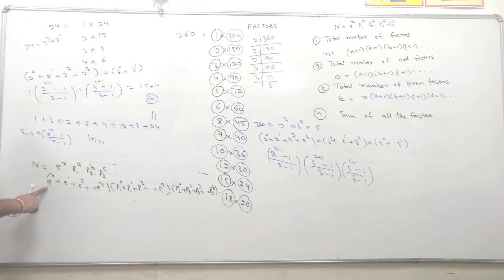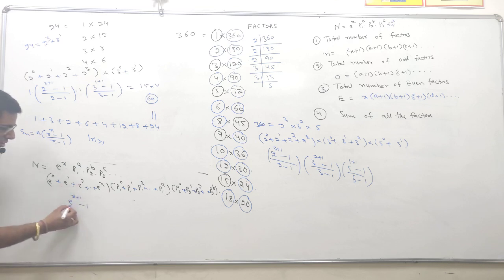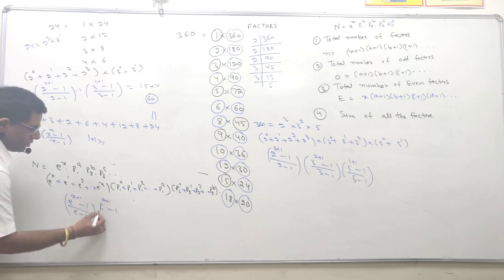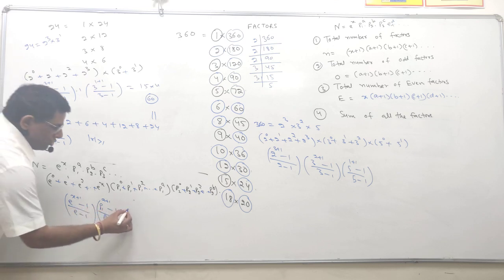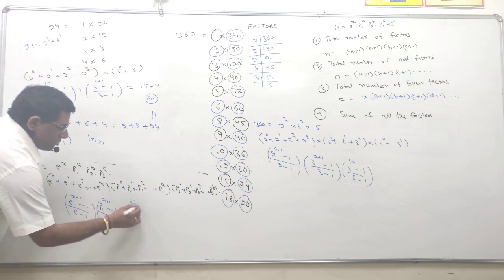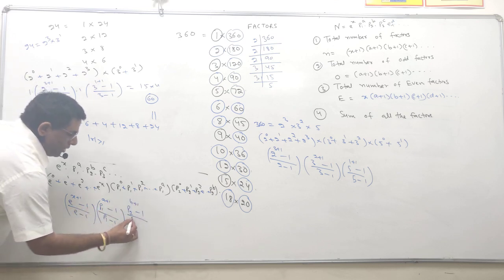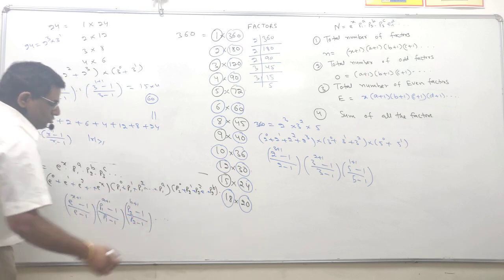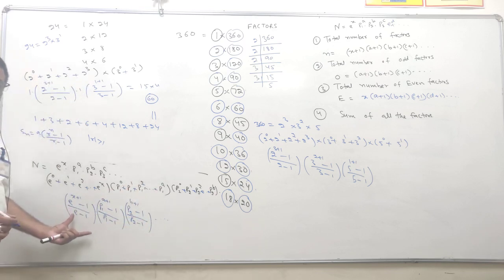First term is 1, common ratio is e, so it becomes (e raised to power x plus 1 minus 1) upon e minus 1. Here it becomes (p1 raised to power a plus 1 minus 1) upon p1 minus 1, (p2 raised to power b plus 1 minus 1) upon p2 minus 1, and so on. We are getting the sum of all the factors of any composite number.